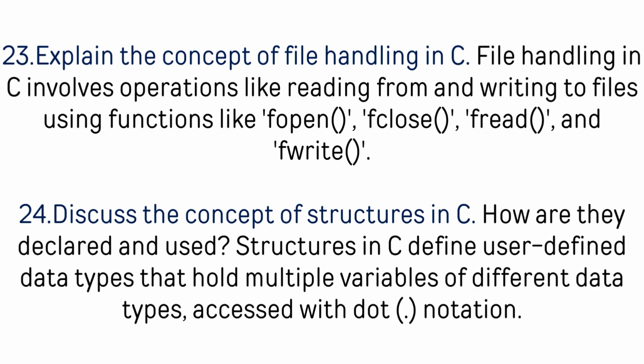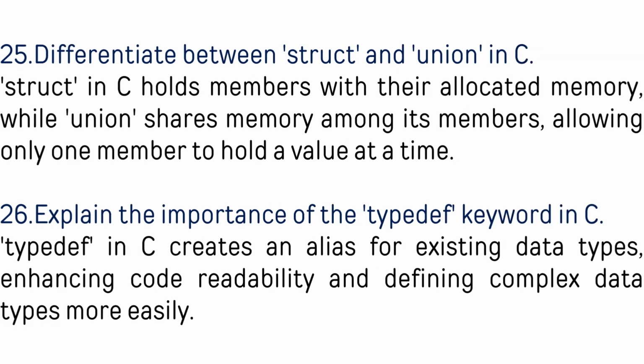24. Discuss the concept of structure in C. How are they declared and used? Structures in C define user defined data types that hold multiple variables of different data types, accessed with dot notation. 25.